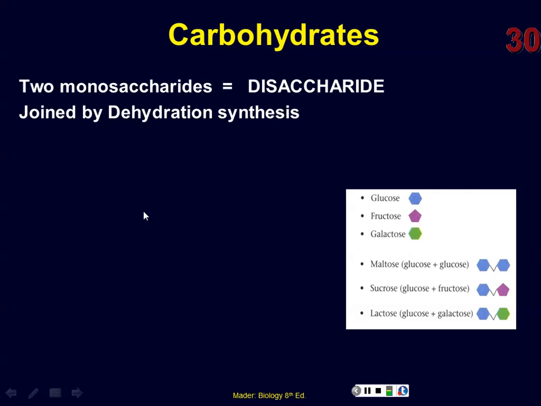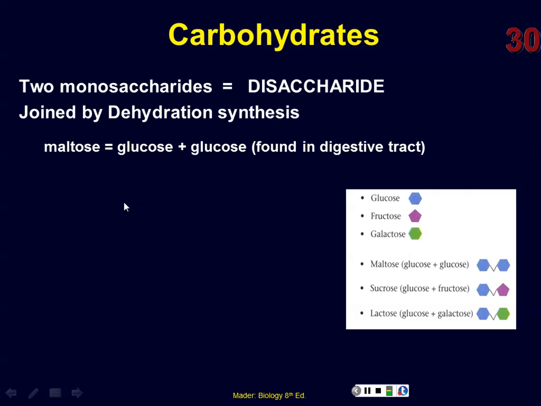Okay. So some disaccharides you may be familiar with. Maltose is a disaccharide you may have heard of. You find it in our digestive tract. It's actually glucose bonded to a glucose. Okay. Sucrose is a plant sugar. That's a glucose bonded to a fructose.